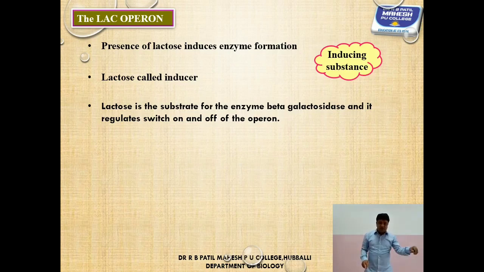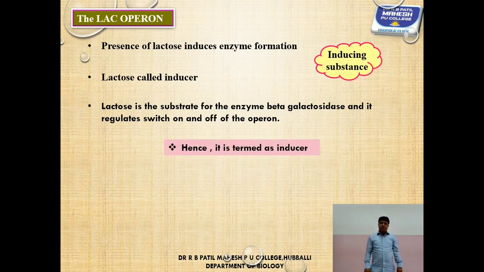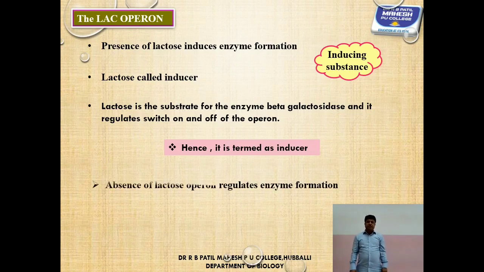In the absence of lactose, the switch off mechanism. That means the set of genes are not expressed in the absence of inducer. Hence lactose is termed the inducer. In the absence of lactose, the operon regulates enzyme formation. There is no need of enzyme production in the absence of lactose, or in the absence of inducer.